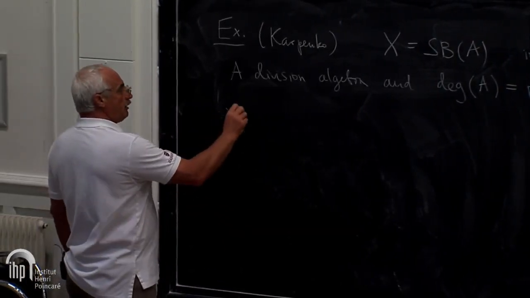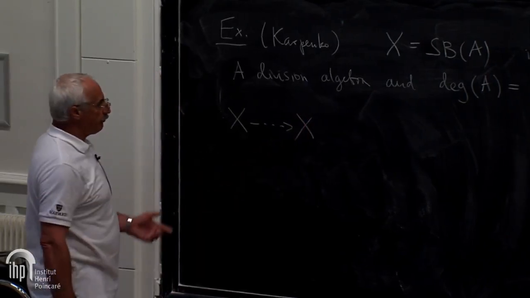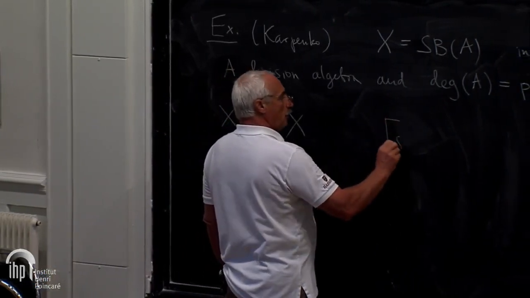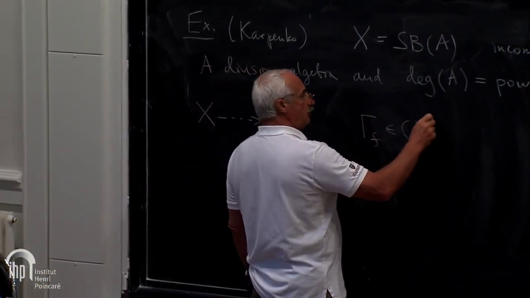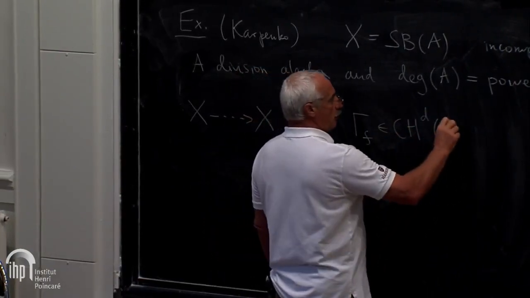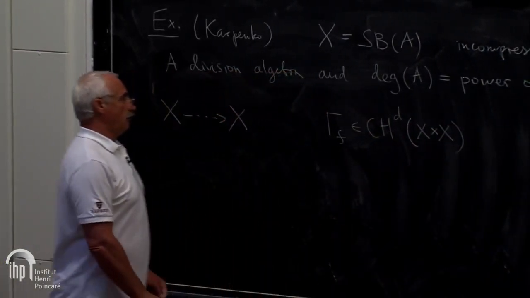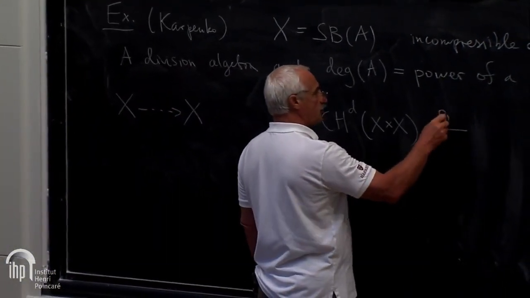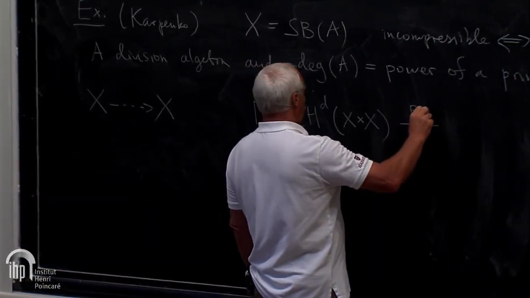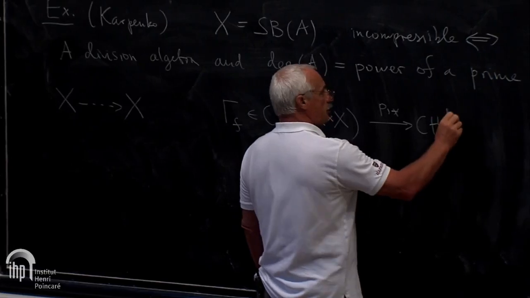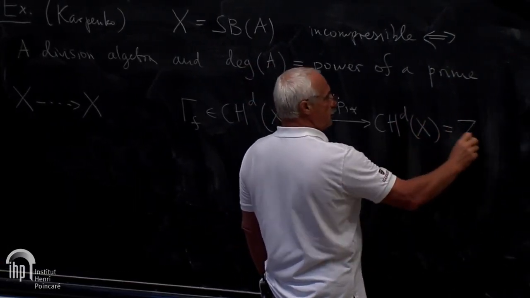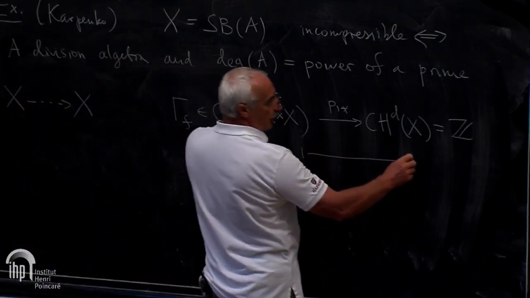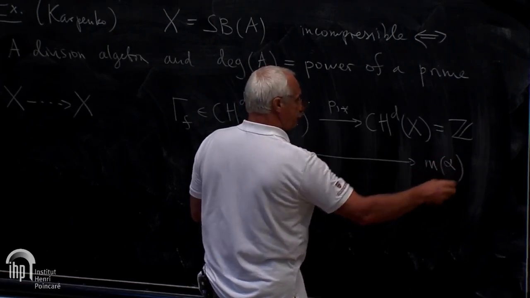The idea is that any rational morphism from X to itself gives you a cycle, the closure of the graph, in the Chow group of dimension D, where D is the dimension of the variety X cross X. Now you can project it using the first projection to the Chow group of dimension D of X, which is just the Z generated by the class of X. And if you have a cycle alpha, the corresponding number is called the multiplicity of alpha.